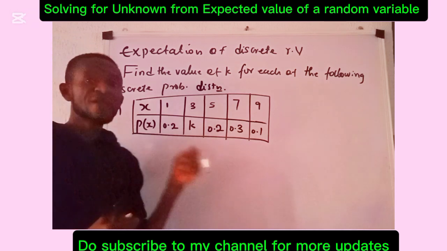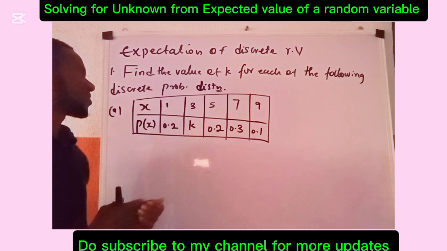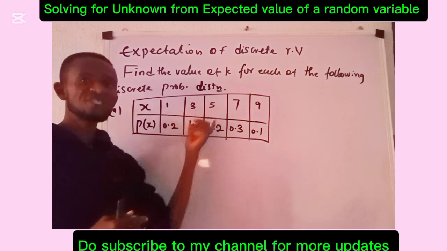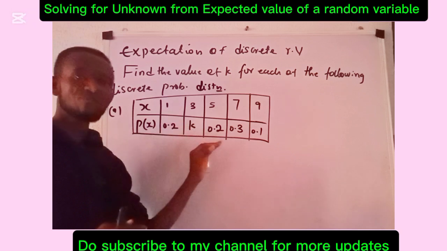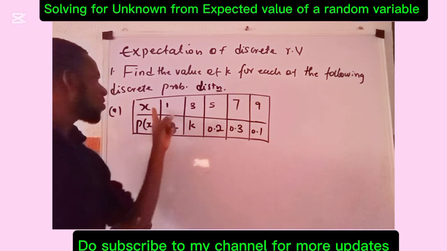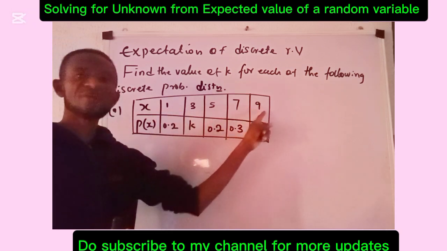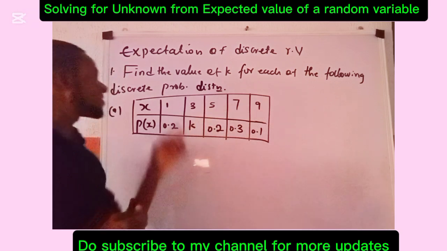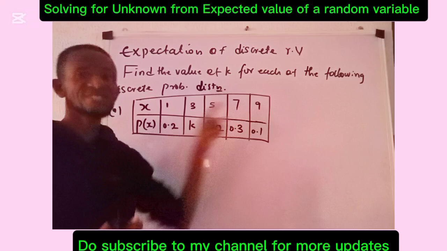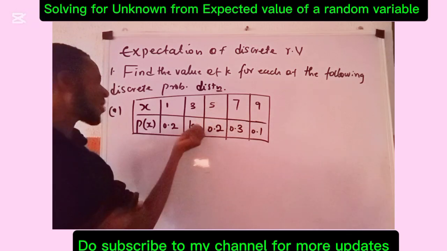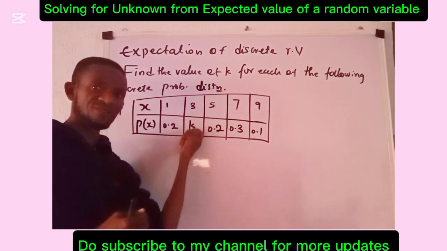The only thing I will remind us is that when we talk about probability distribution, we are talking about a table containing all the possible values of a random variable. In this case, it begins from 1 and ends at 9, and their corresponding probabilities.